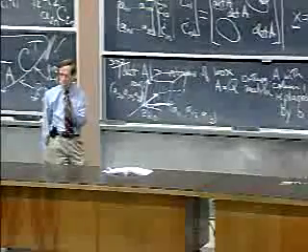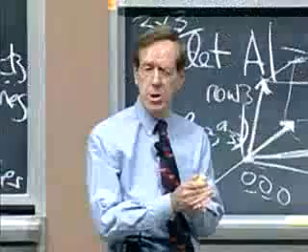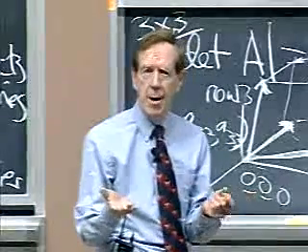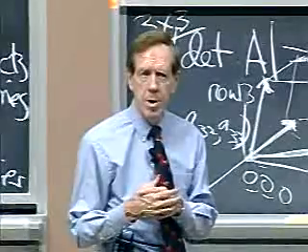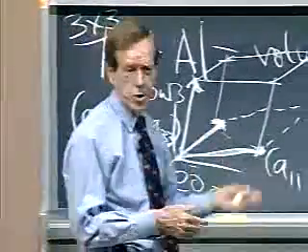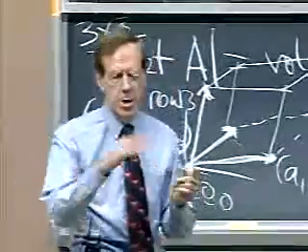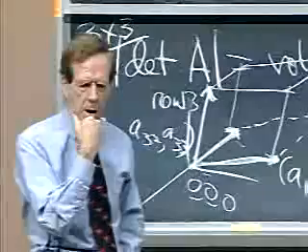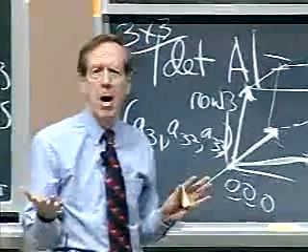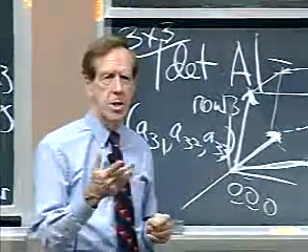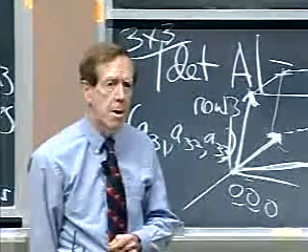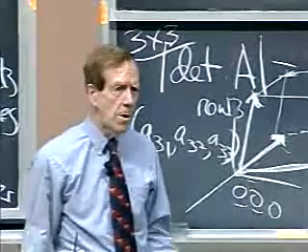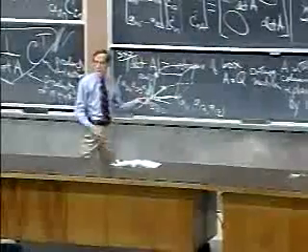Its columns were unit vectors, perpendicular unit vectors. So what kind of a box have we got now? What kind of a box comes from the rows or the columns? I don't mind, because the determinant is the determinant of the transpose, so I'm never worried about that. What shape box have we got if the matrix is an orthogonal matrix? It's another cube. It's a cube again. How is it different from the identity cube?